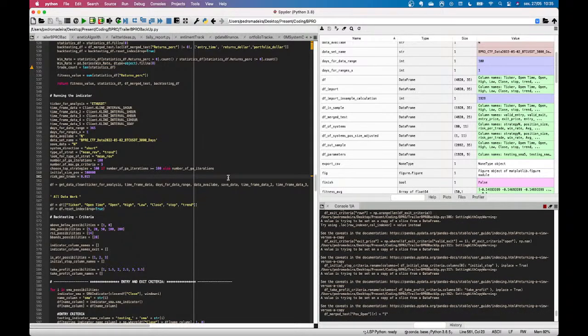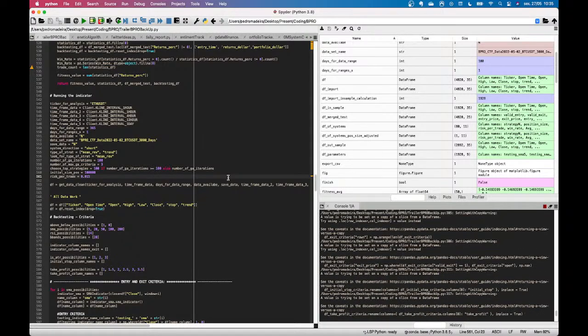So what you do is you divide your data, let's say 50-50. You get only half of the data, and you build a strategy on that half. If you are happy with that backtest, then you apply that system on the data that you have not seen, the other half.